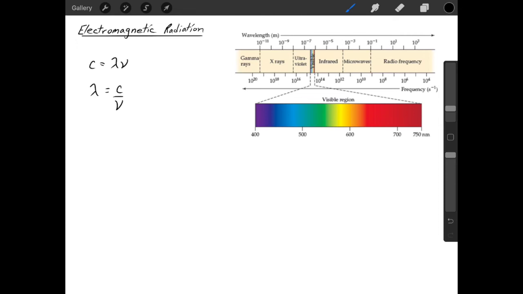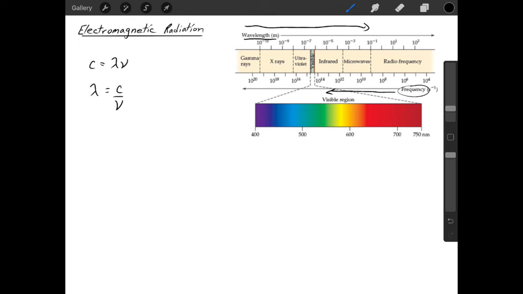And if you look at the image on the right-hand side of the screen, this is a representation of the electromagnetic spectrum. If you look at the top, you can see that wavelength is increasing from left to right. And at the bottom part, you can see that the frequency is increasing from right to left.